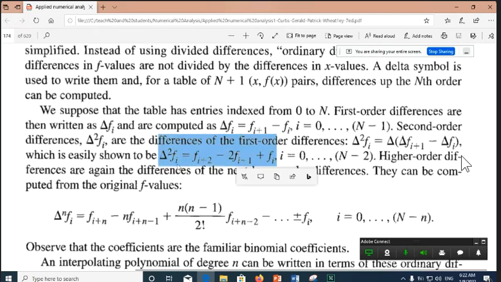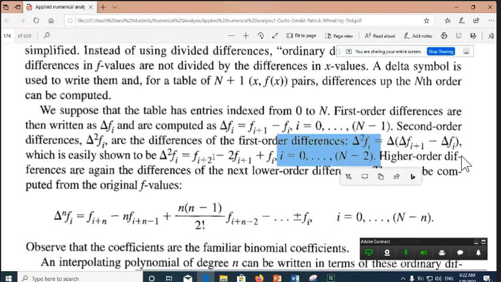You can see del 2 fi equals fi plus 2 minus 2 fi plus 1 plus fi. For these indexes, higher order differences are again the differences of the next order differences that can be computed from the original f values.